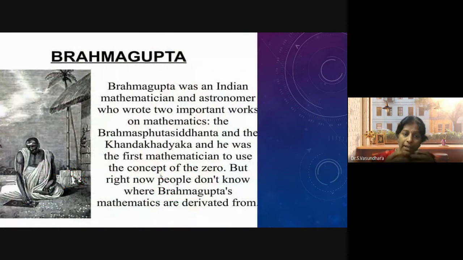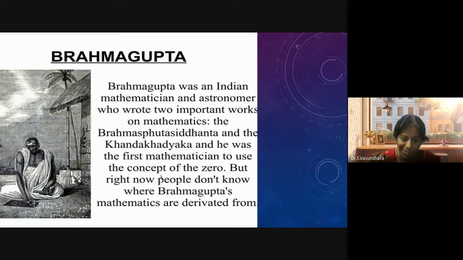Now, coming to another famous mathematician, Brahmagupta, he was an Indian mathematician and also an astronomer who wrote two important works on mathematics, the Brahmasphuta Siddhanta and the Khandakhadyaka. He was the first mathematician to use the concept of zero.